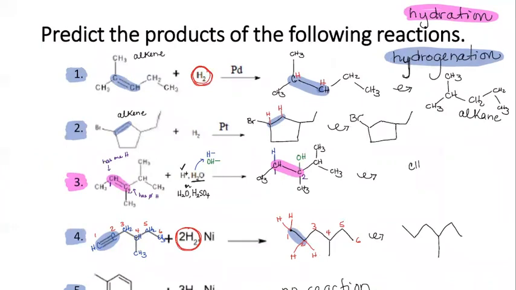I have a CH2 bonded to a CH3, bonded to a C that has a CH3. There's an OH. There's a CH bonded to a CH3, bonded to a CH3. And we continue the labeling because this is the first time we're doing this reaction. Understand that this is where the carbon-carbon double bond was. This is carbon 1 and this is carbon 2. Any questions about number 3?